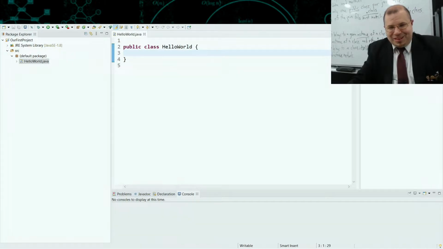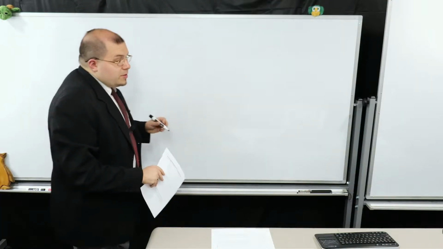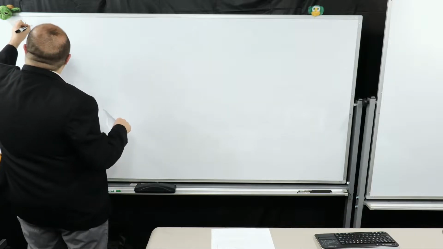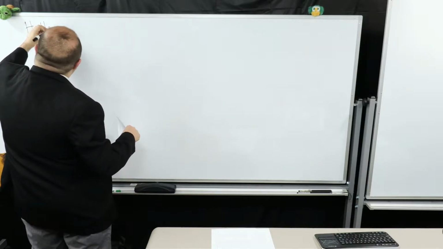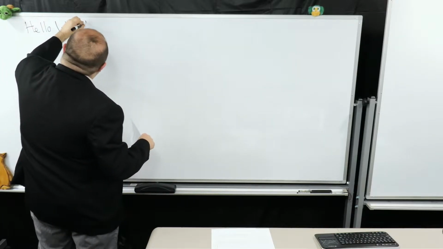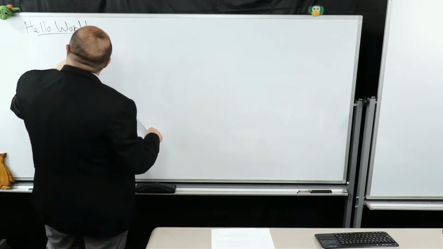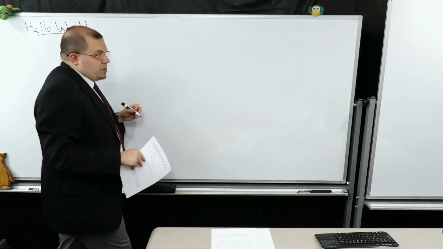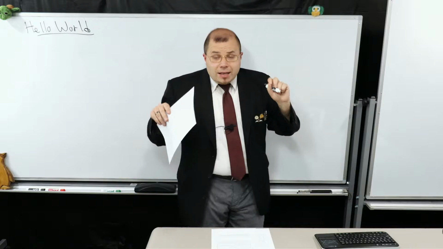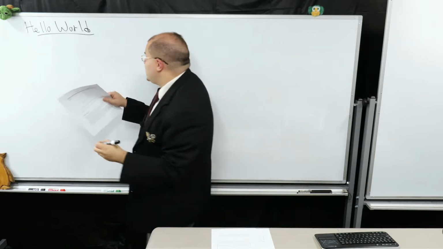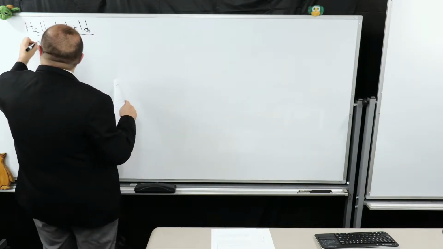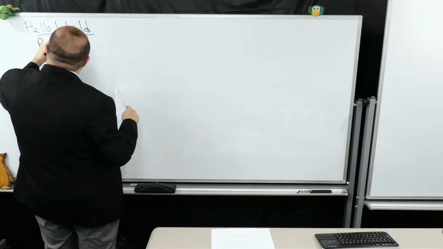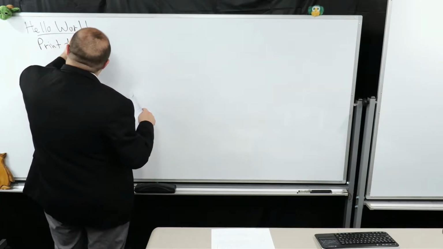Okay, so let's go back over that way. So anyways, we're going to create our first program. We're going to call it Hello World. So we've created the Hello World class in Eclipse. And what's Hello World going to do? Our program is going to print to the console.